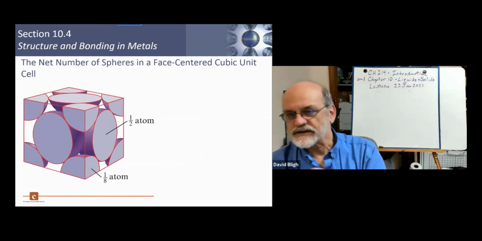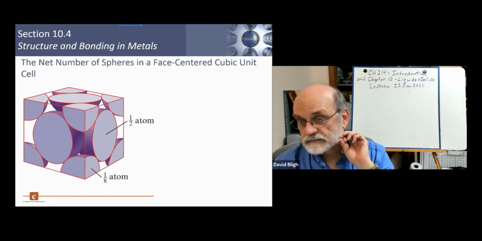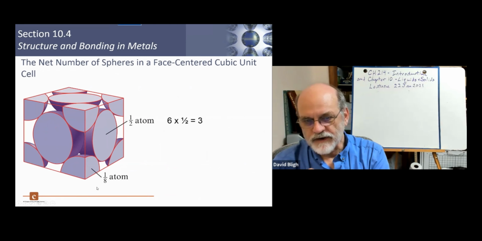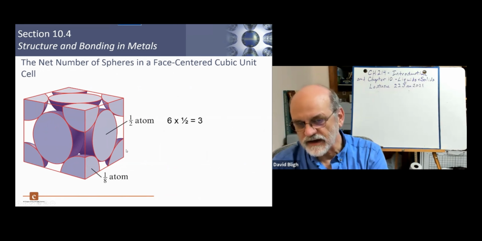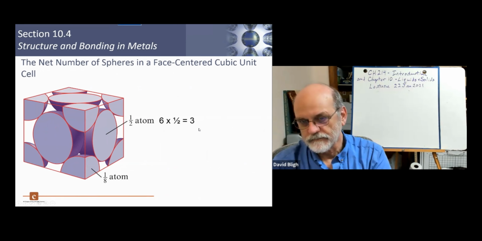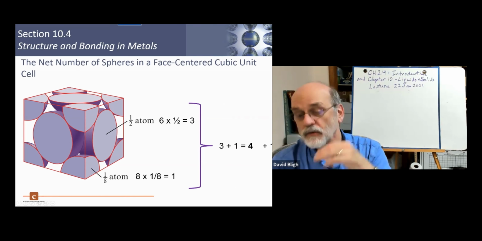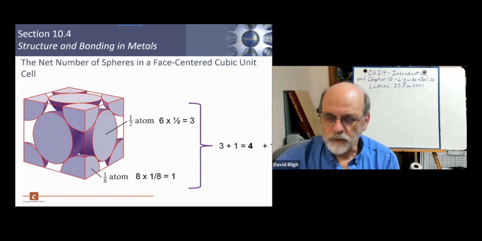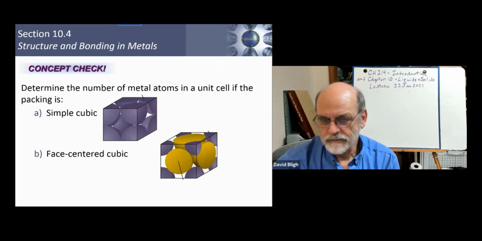So now this is the discussion I mentioned a little earlier: the net number of spheres in each of the unit cells. If you have a face-centered cubic, each of the corners is worth 1/8 of a cell, and each of the faces is worth 1/2, so we end up with 3. And 1 plus 3 is 4. So 4 in a face-centered cubic.